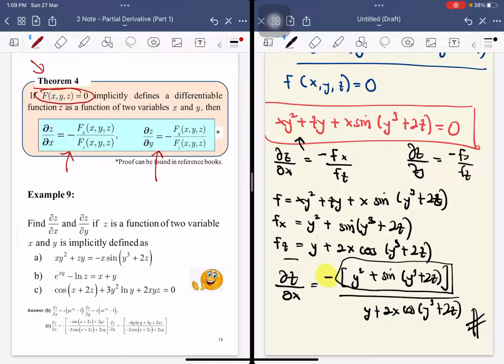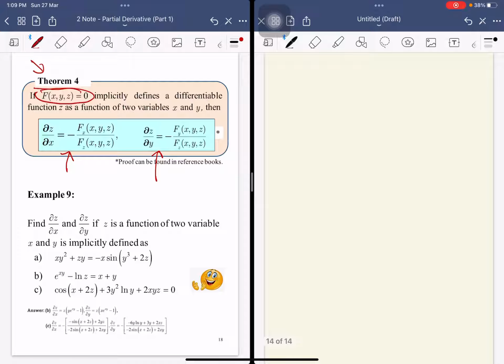We have figured out Fz, right? The next one is for you to figure out Fy. Based on the big F that we figured out just now, Fy is equal to 2xy plus z plus x cos, sorry, once you differentiate, you're going to get 3xy squared cos y to the power of 3 plus 2z over here.